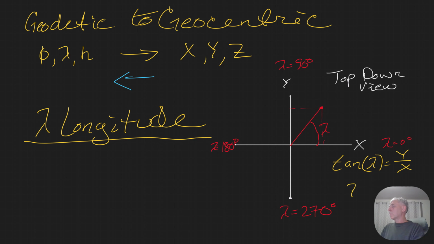So lambda is just equal to the arctangent of y over x. That's terrible. Let me rewrite that. I'm not off to a good start here with my writing, but I'll get there. So lambda equals the arctangent or tangent inverse of y over x plus c to adjust for quadrant, right?